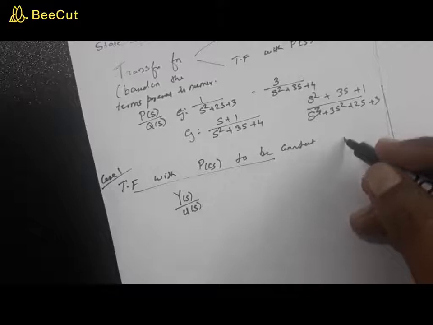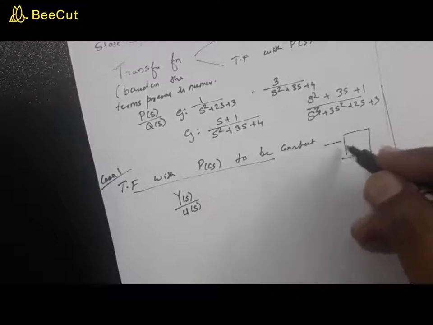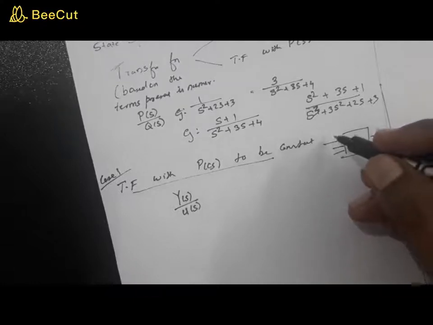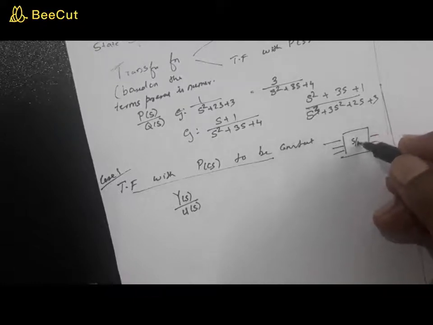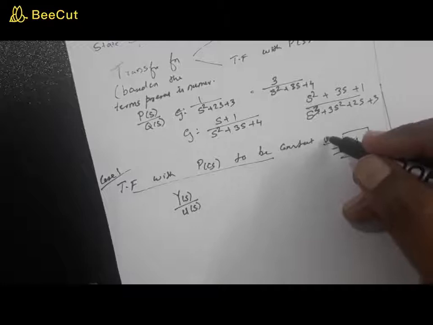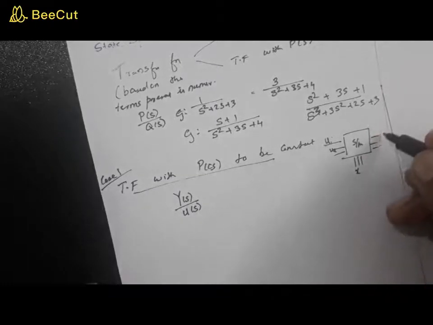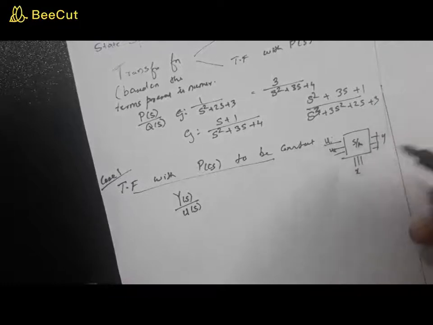This is actually your system. Do remember, I have a recap of that. This will be u1 of t, u2 of t. U is the letter we have assigned for input, x is assigned for states, while y is the output.